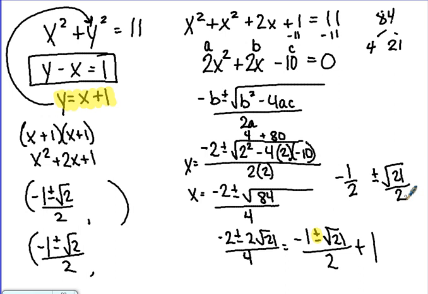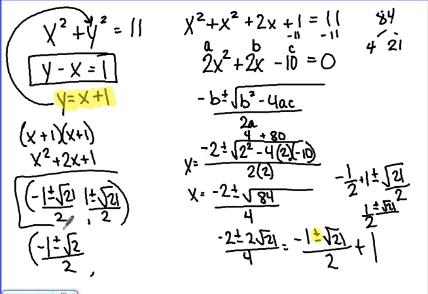So I've got a real and an irrational. They can be written separately. If I'm adding 1 to this, I can really just add 1 to the fraction in front, and that would give me a positive 1/2. So it's really 1 plus or minus the square root of 21, again, all over 2. So my y value is going to be 1 plus or minus the square root of 21 all over 2. And that is the solution.